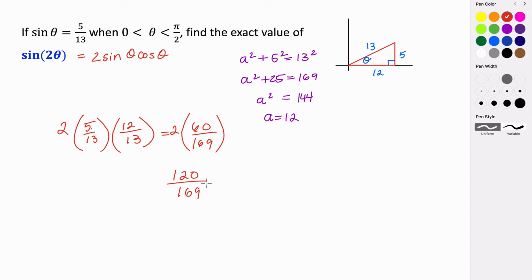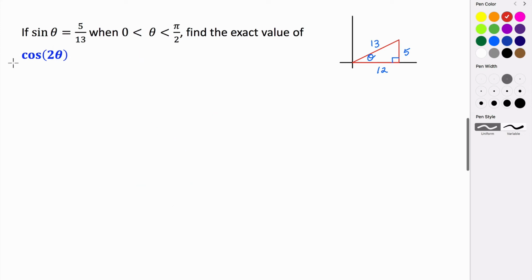And this can't reduce because 169 is 13 times 13. 13's prime. So this is the sine of 2 theta. The sine of 2 theta is 120 over 169.